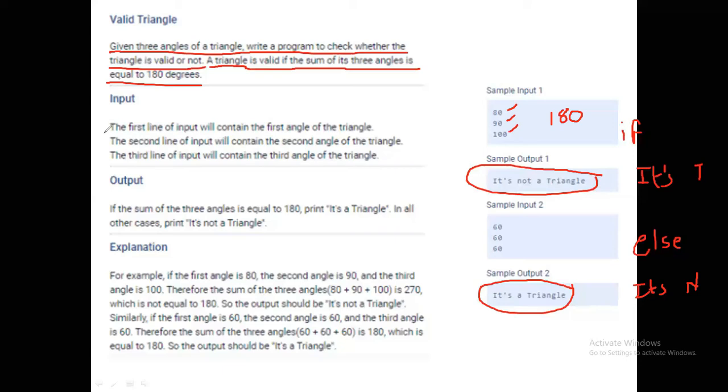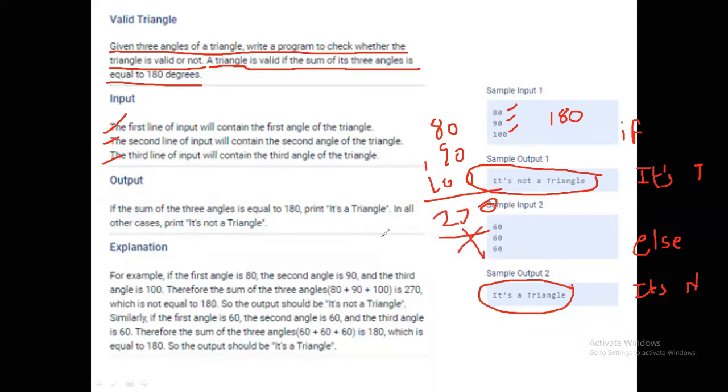Here the input is in 3 lines. The first line of input will contain the first angle of the triangle, the second line of input contains the second angle of the triangle, and the third line of input will contain the third angle of the triangle. Here, 80, 90, 100 gives 270 as an answer, so it is not a triangle.